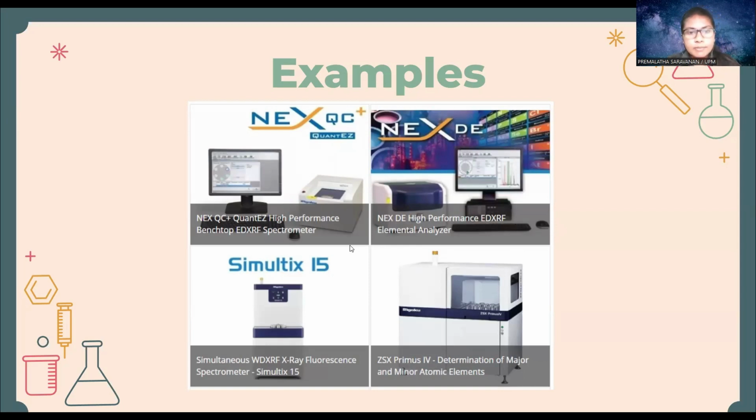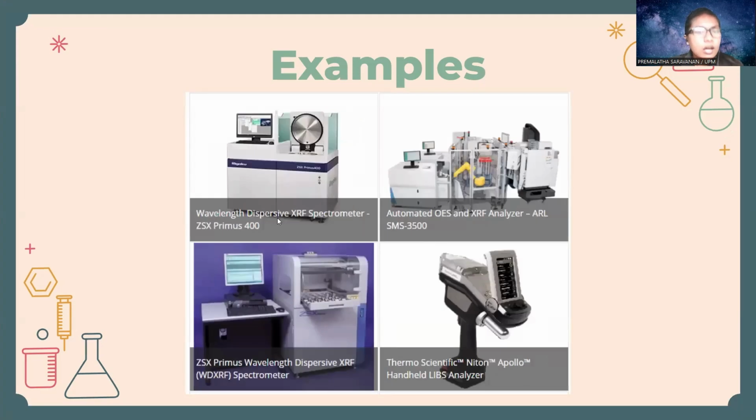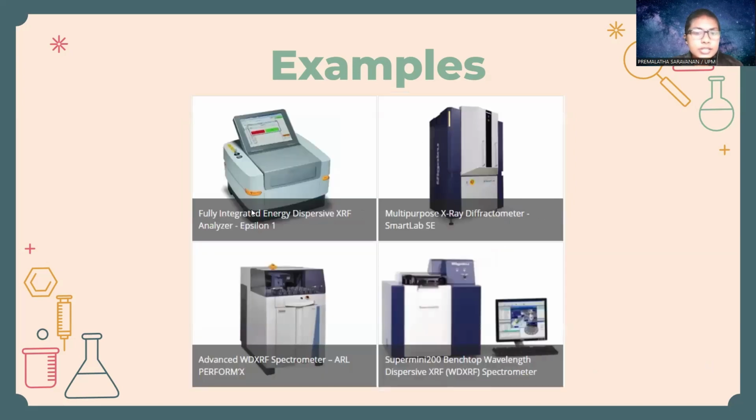So, here I have shown the examples of the models that are currently in the market, which is a high performance benchtop EDXRF spectrometer, high performance EDXRF elemental analyzer, followed by simultaneous WDXRF X-ray fluorescence spectrometer, determination of major and minor atomic elements, WDXRF spectrometer ZSX Primus 400, automated OAS and XRF analyzer, ZSX Primus WDXRF spectrometer, Thermo Scientific Niton Apollo, handheld LIBS analyzer, fully integrated energy dispersive XRF analyzer, multipurpose X-ray diffractometer, advanced WDXRF spectrometer.